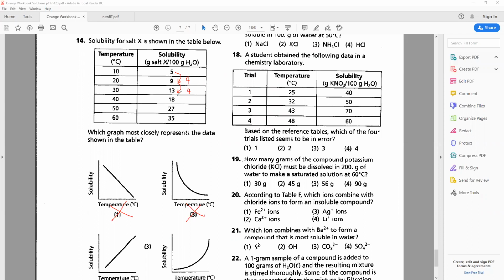Then 13 to 18, it went up by 5. 18 to 27, it went up by 9. And 27 to 35, it went up by 8. So we're going to see that it's not consistent. It's a slow increase in the very beginning, and then we see a rapid increase. So therefore, that's not it, but it's this one.